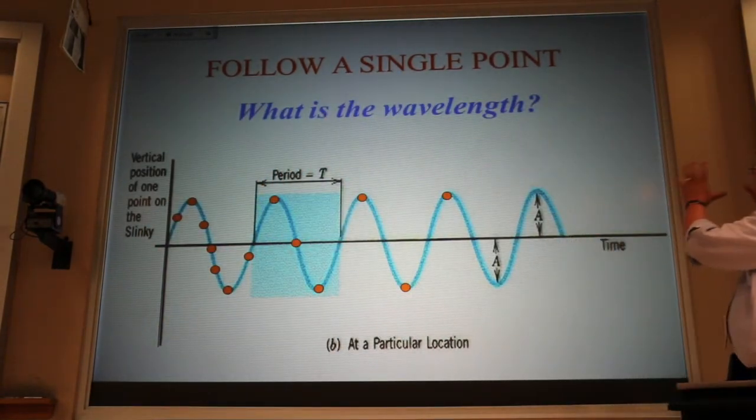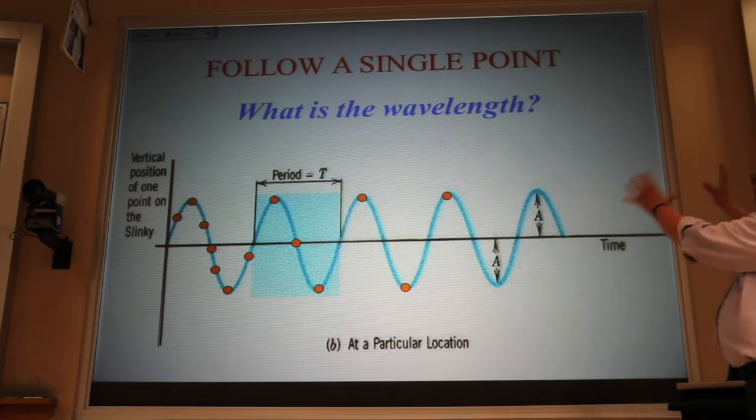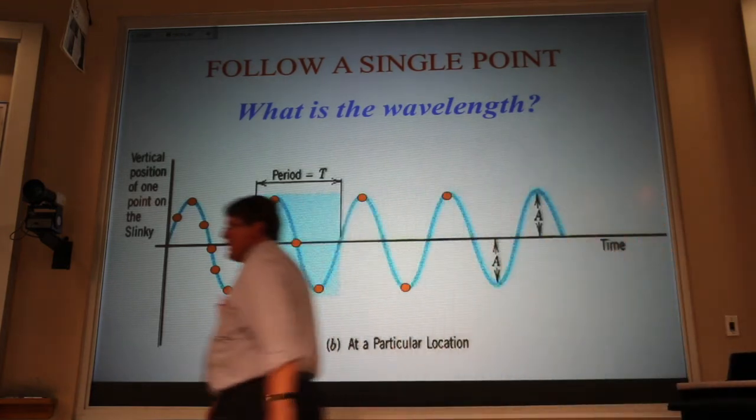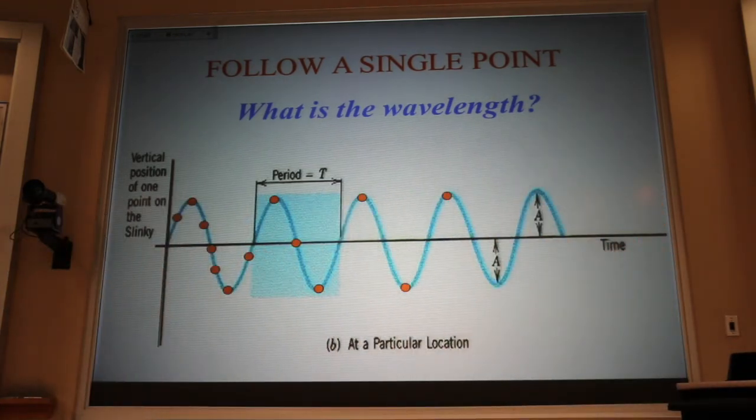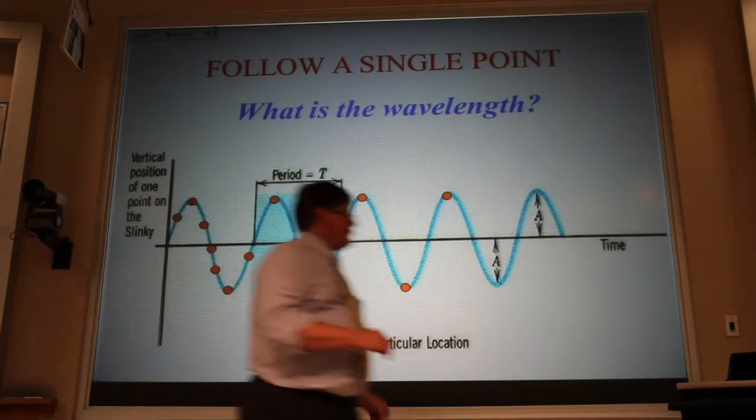We froze position when we made this graph. We said, only concentrate on that rod there. Ignore all the other rods. And as soon as we ignore the other rods, we lose all the information about that wavelength. My point is that we need both of these graphs.